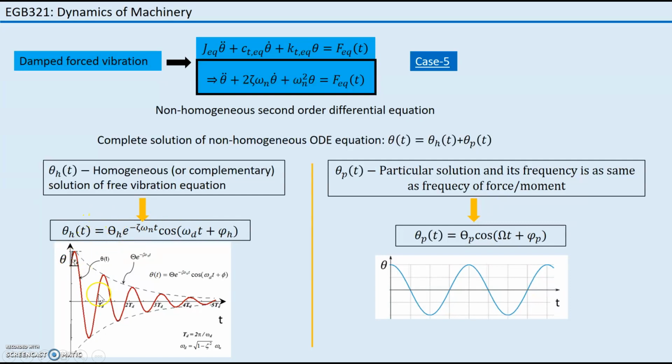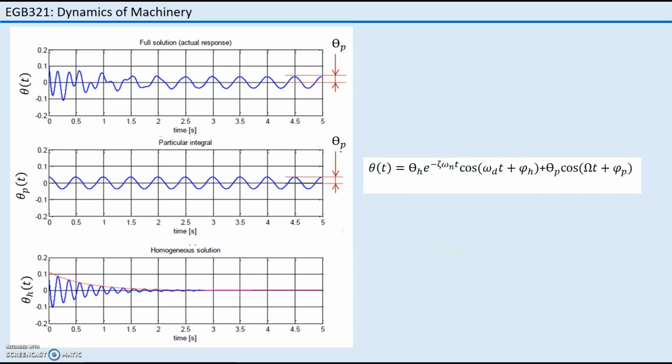The homogeneous solution will die out due to the negative exponential part, which is a very common phenomenon in true engineering cases because damping is unavoidable. If the time is long enough, the homogeneous solution will disappear and the forced vibration will continue.